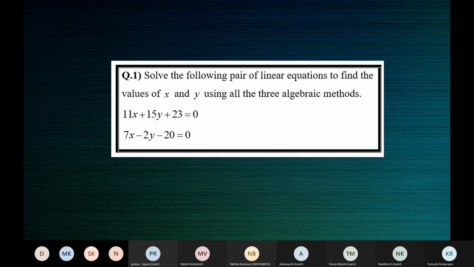Write the question. Done writing the question, children?